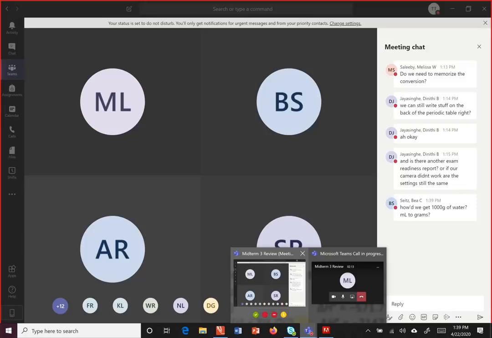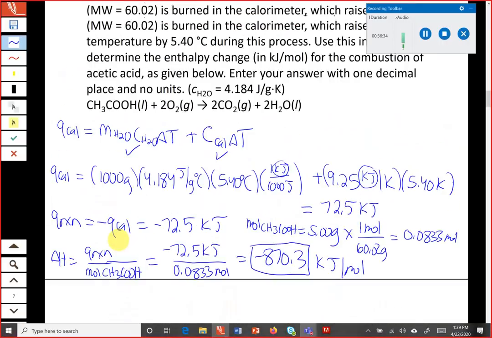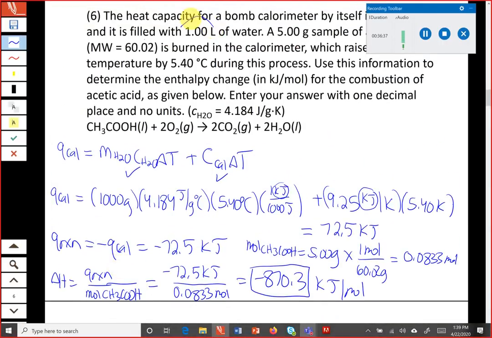All right, so the question was, how do we get 1,000 grams of water, milliliters to grams? That is correct. I went through that fast, but we're told in the problem that we have 1 liter of water. 1 liter is equivalent to 1,000 milliliters. The density of water is 1, so 1,000 milliliters is equal to 1,000 grams.